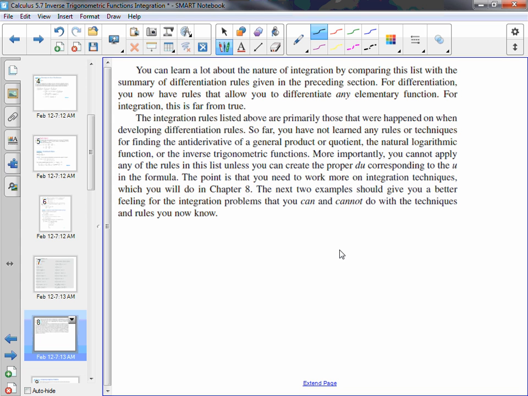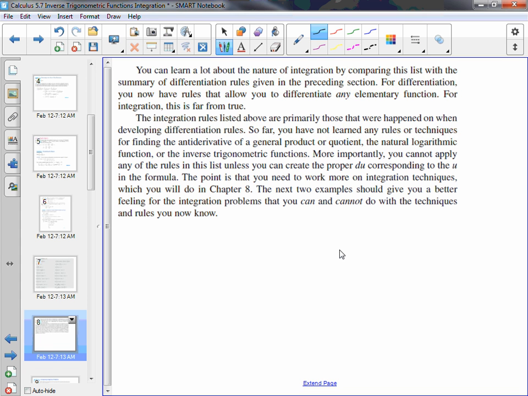For integration, this is far from trivial. The integration rules listed above are primarily those that were happened on when developing differentiation rules. So they're mostly just the derivative rules backward. Okay? So far, you have not learned any rules or techniques for finding the antiderivative of a general product or a quotient, the natural logarithmic function, or any of the inverse trig functions.